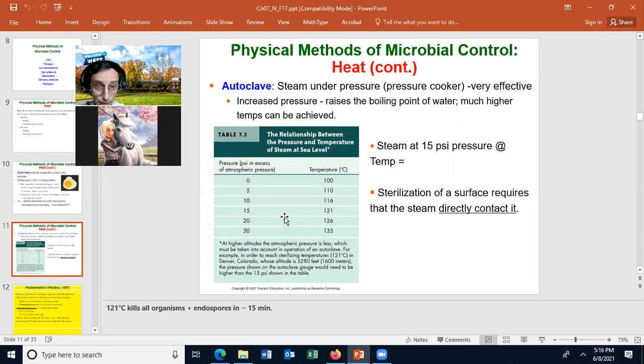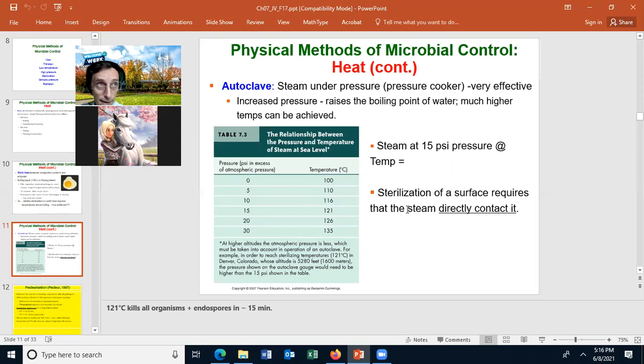If you were to attend a real microbiology lab, all the media you would be given has been autoclaved. Sterilization of a surface by steam requires that steam directly contacts it. So steam can also kill things. Steam is going to be a higher temperature than boiling.